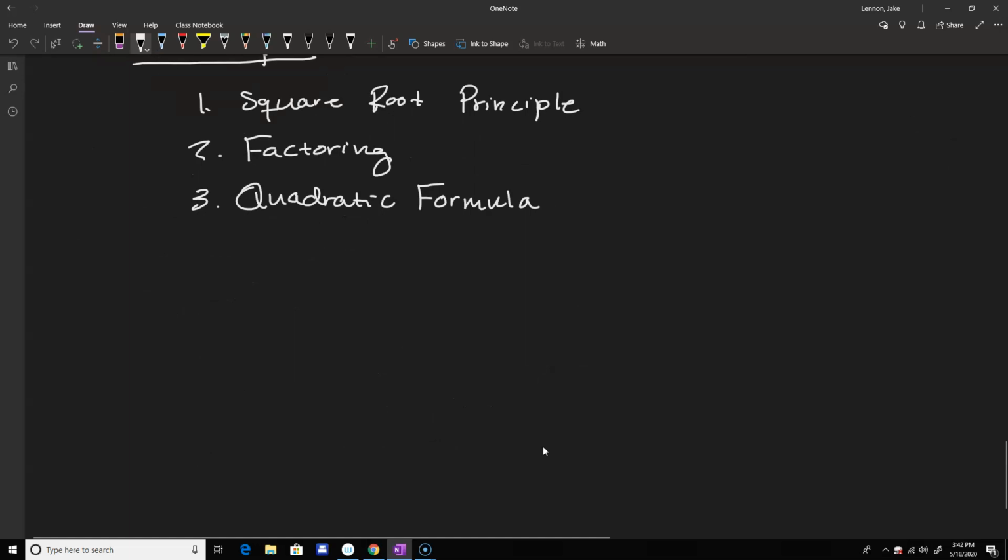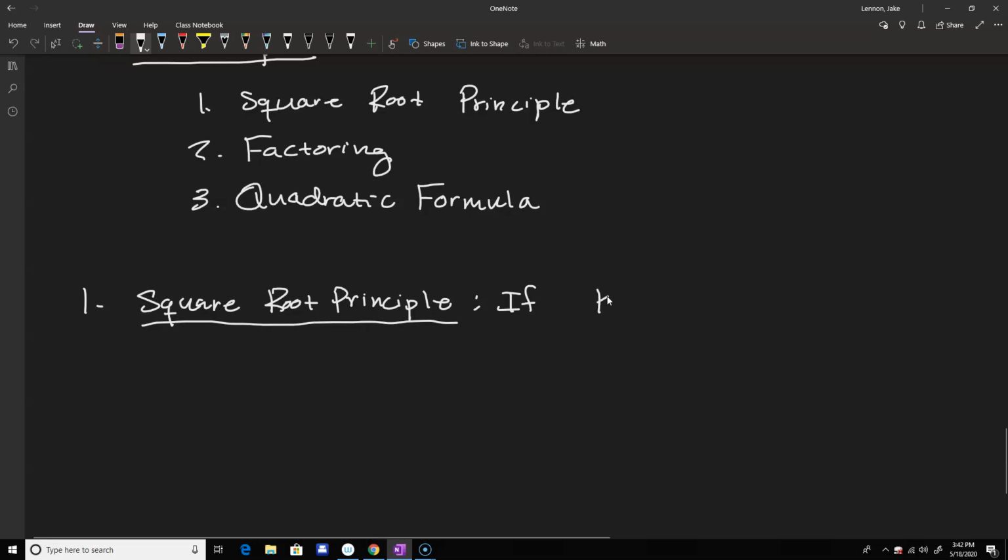So what is the square root principle? Let's start there. The square root principle says that if k is a non-negative number, so let's say k is greater than or equal to 0, and you have some expression a squared equal to k, then you can solve for a, and a is going to be plus or minus the square root of k.